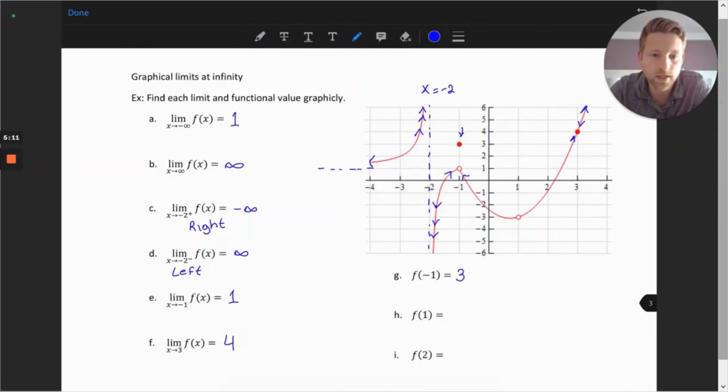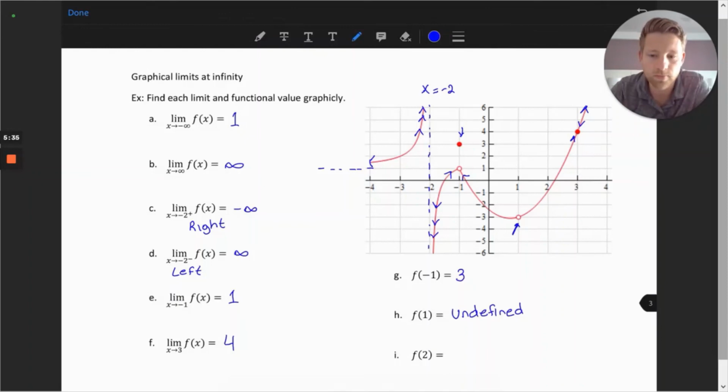The functional value of 1, we'll take a look here, happens to have a hole as we cross x equals 1. This indicates that our function is undefined at this point, even though the limit existed at x equals 1.